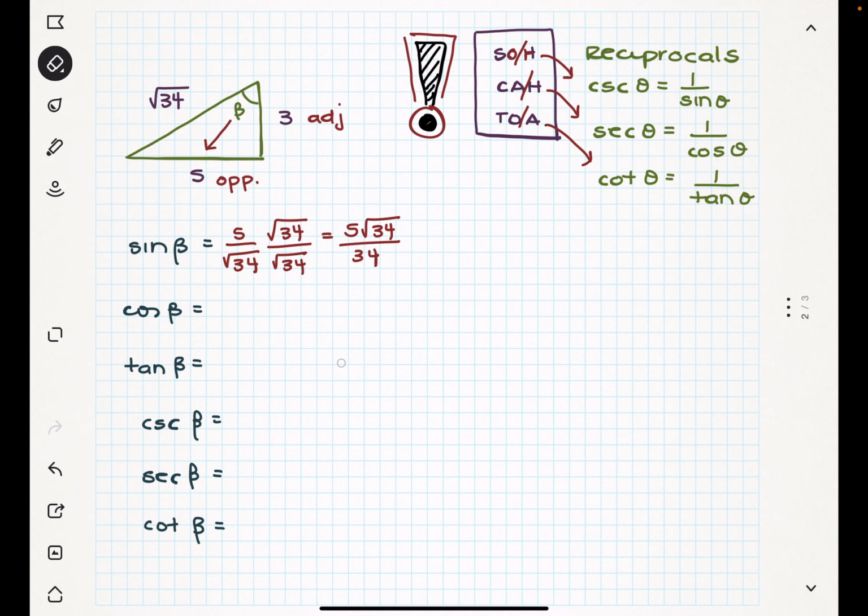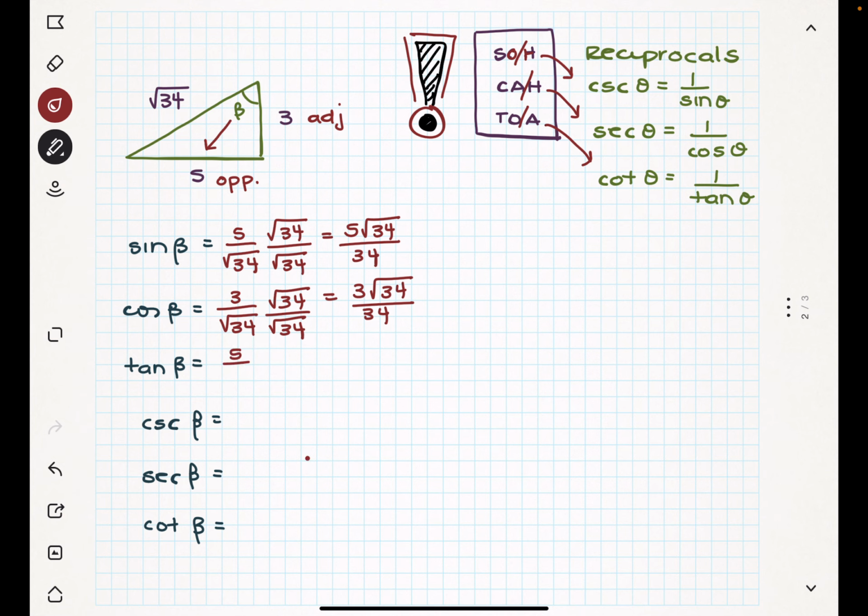In the case of cosine, we have adjacent, which is a 3, over the hypotenuse, and then we rationalize. Tangent, we won't need rationalizing. Tangent is going to be opposite over adjacent.